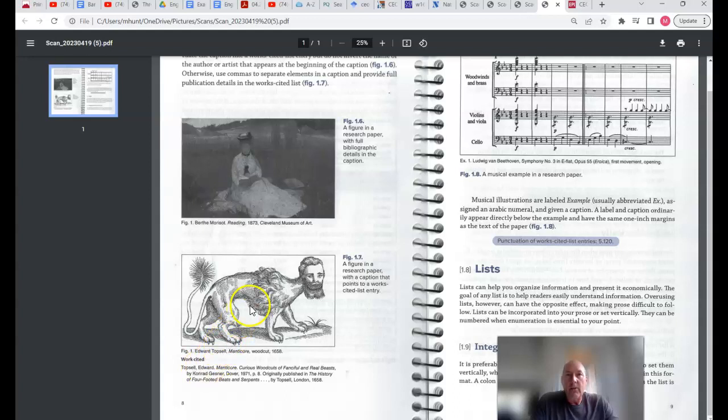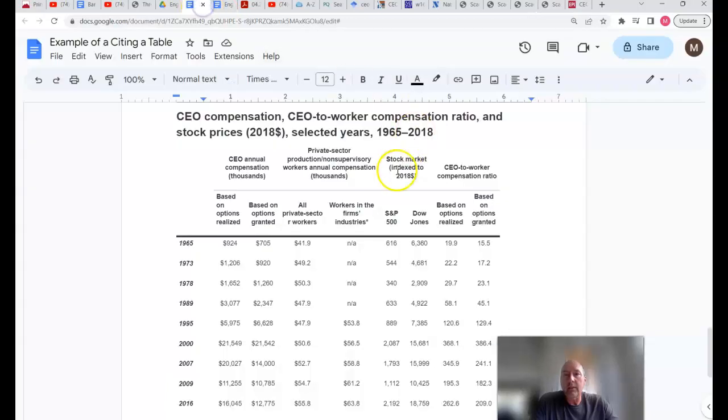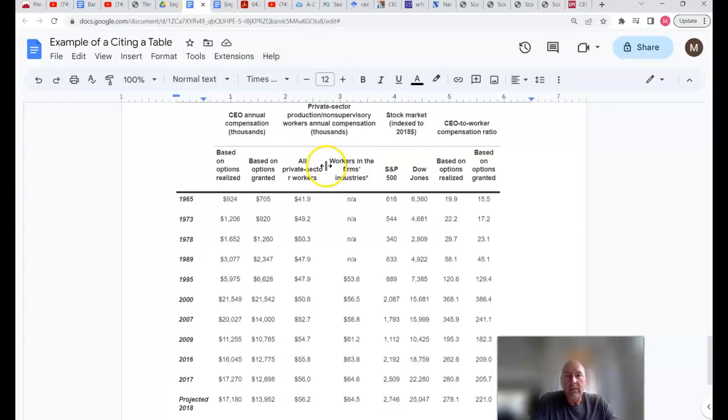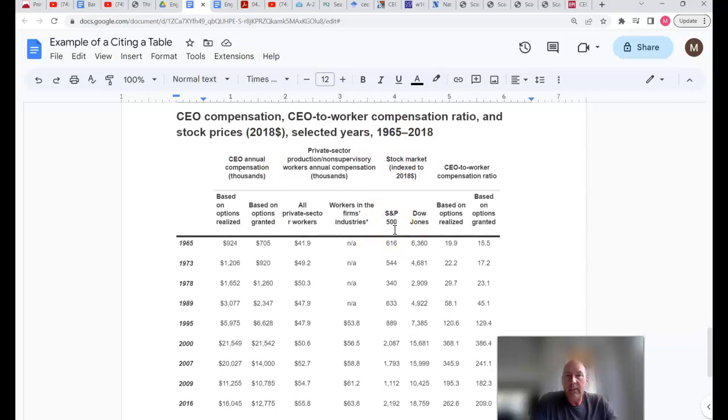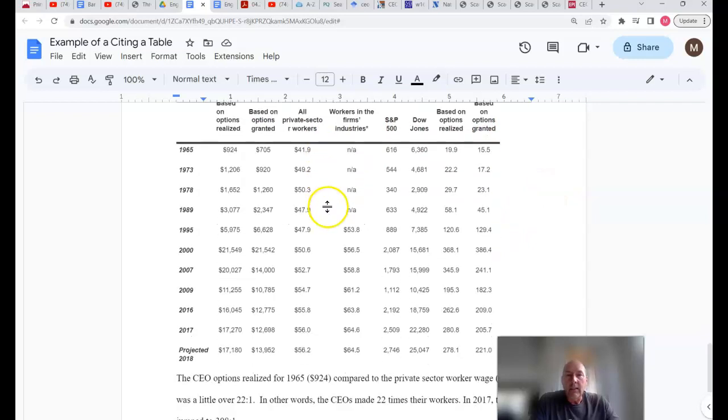Okay? So I went ahead and did some of that. I took this CEO compensation graphic, and because it's a graphic, I didn't worry about making it all Times New Roman. I could probably shrink it a little if I want, but it fit inside my 1-inch margins, so I just left it as it was.